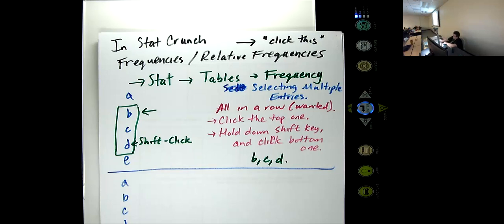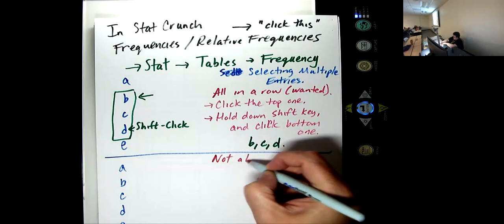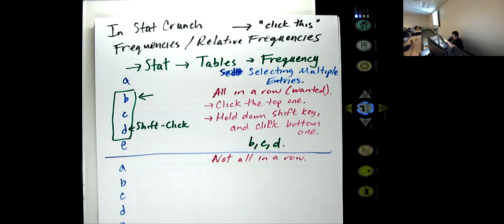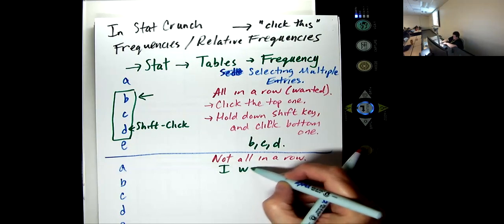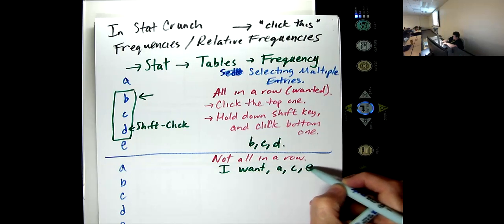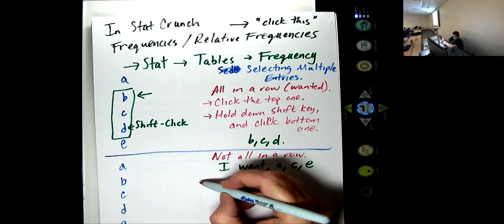Now, if they're not all in a row, let's say I want A, C, and E. They both start with click the top one.